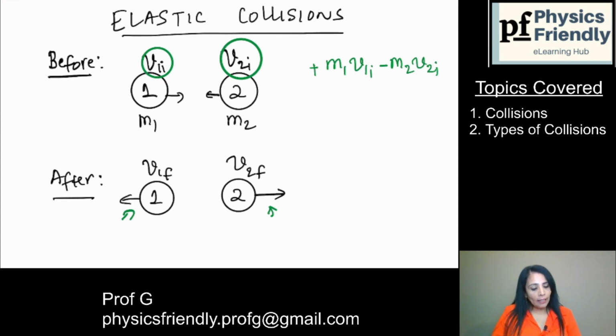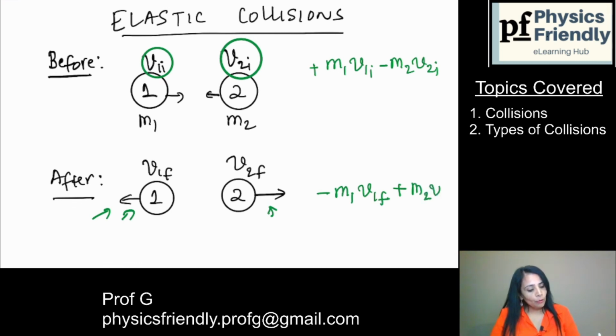Now let's look at after collision. Now I have mass 1 moving in negative x direction, as you can see here. So that would result in negative m1 v1f, plus object 2 is moving in positive x direction now, and that results in m2 v2f.